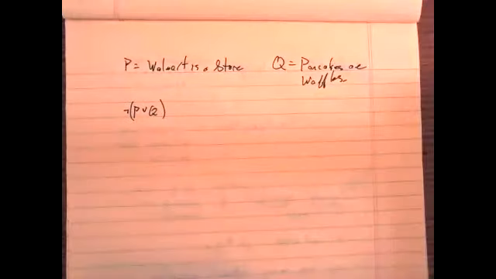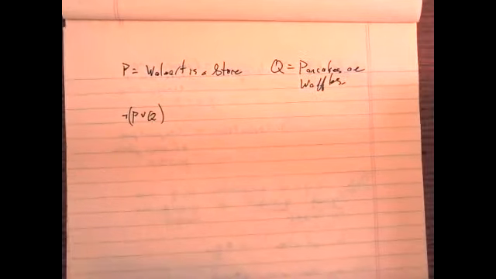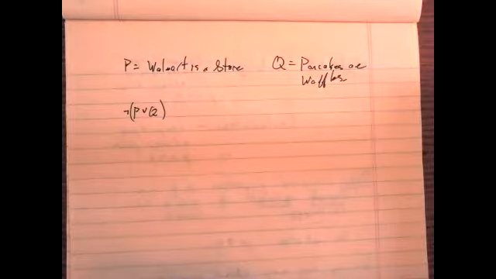Okay, so let's make these two statements. So one is not (P or Q). So can someone translate into words what this proposition is? Walmart is not a store and pancakes are not waffles.